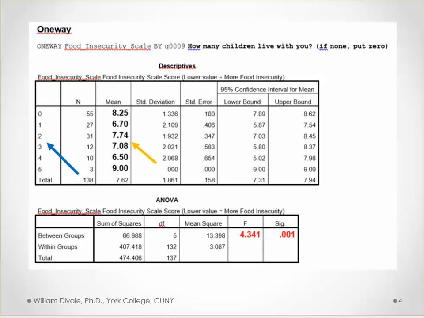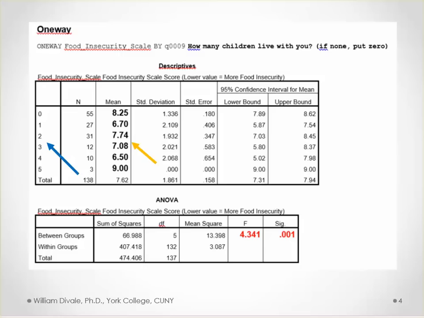For example, 55 people in the sample said they did not live with children, and their food insecurity score was 8.25. And if you look, there's only 2 which show low numbers. The one living with 1 child, there's a 6.7, and also living with 4 children, there's a 6.5.